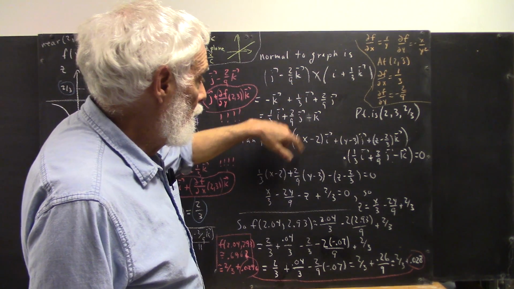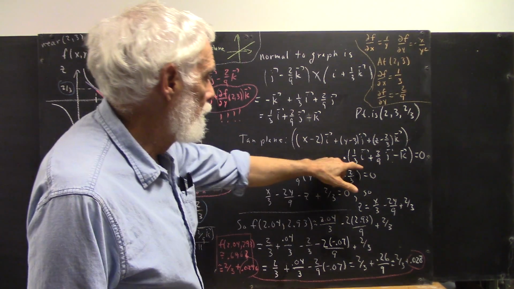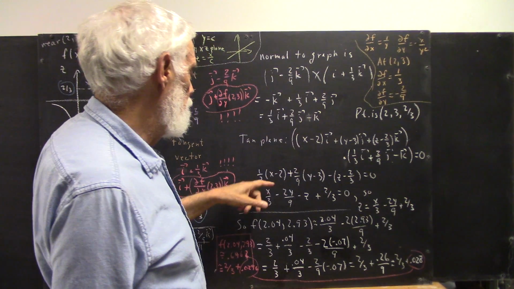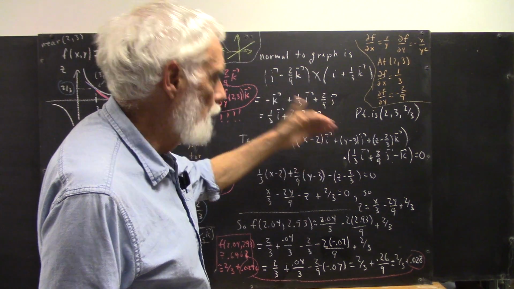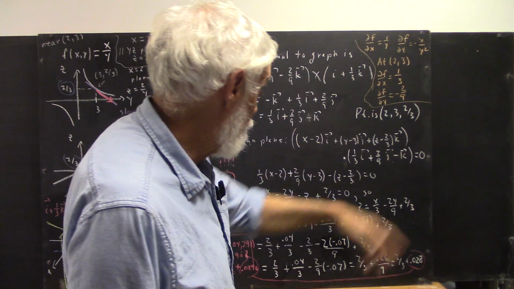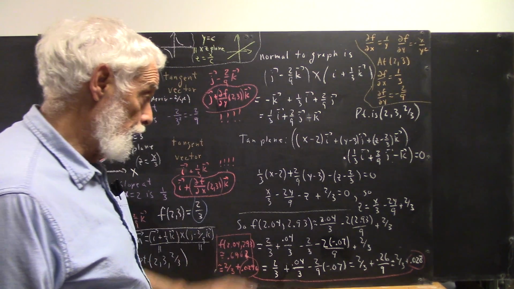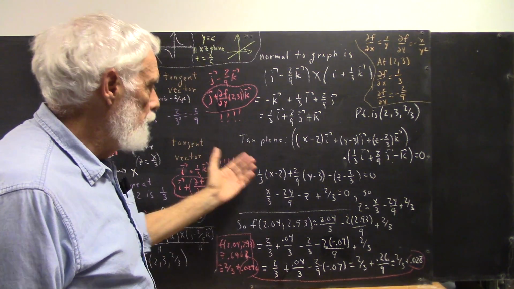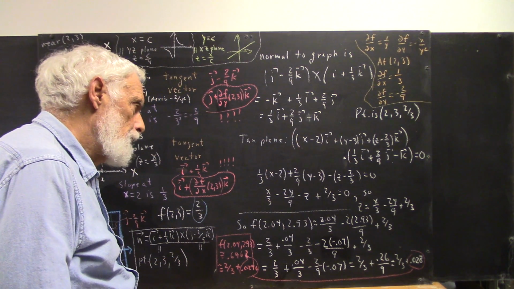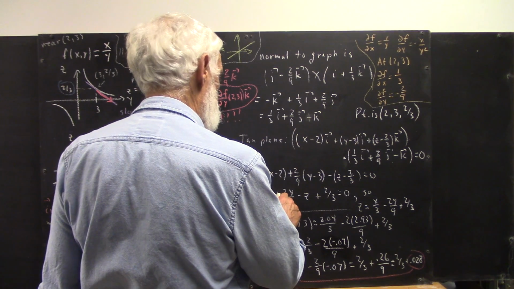Okay, so this dot product equal to 0 is easy to calculate. Just this times this, this times this, this times this. So we get 1/3 (x minus 2), 2/9 (y minus 3), minus the quantity (z minus 2/3), and that has to equal 0. If it does, then the point x, y, z is on the plane. If not, it isn't. We rearrange this easily enough to get an equation, except I screwed up the sign here.